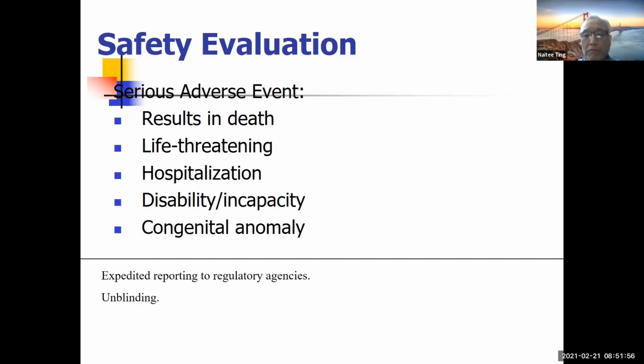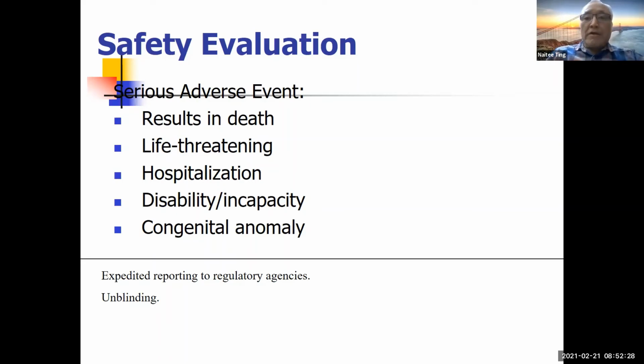Now for the AE, there is one page for each AE. There's the AE name, which could be headache, nausea, vomiting, whatever. And then severity. There are 3 levels of severity: mild, moderate, or severe. Every AE can only be classified in one of these 3 levels.